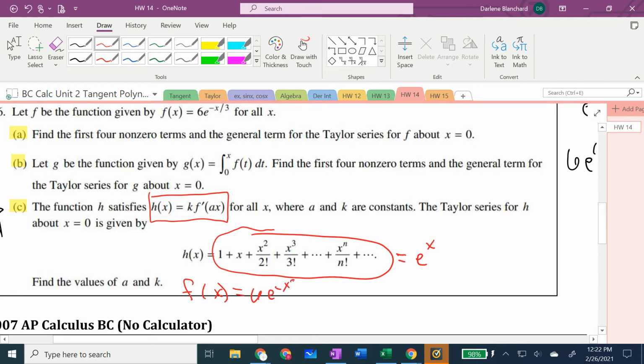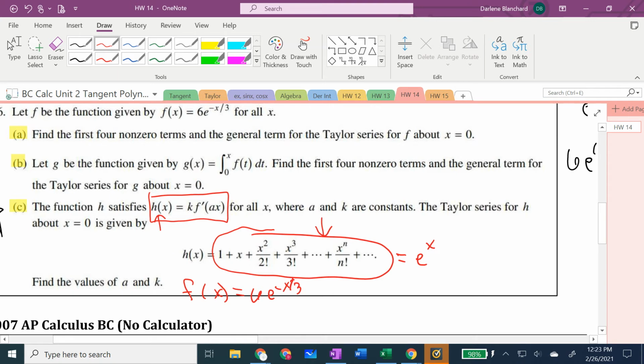Is it legitimate to do the differentiation that I know how to do instead of going through the series? And it is, as long as you identify the series that they wanted you to show being equal, as long as you show that you understand that this is e to the x.